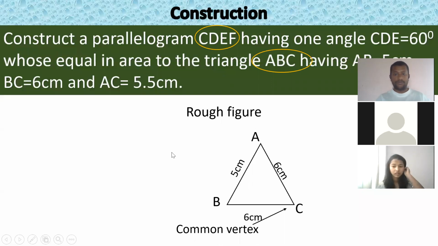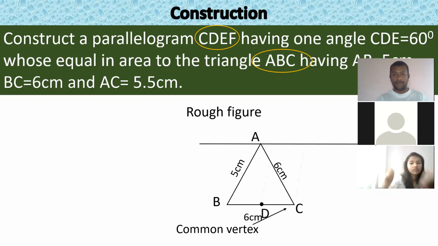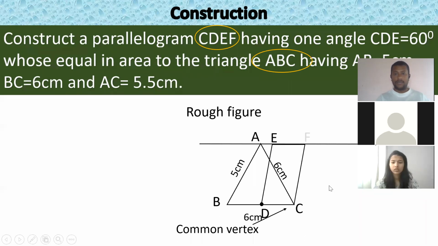Next we need to construct a parallel line, and then take a middle point D, and in this half part construct parallelogram CDEF, having one angle 60 degrees. This is the rough sketch which we are going to construct. Now we will move to the actual figure.